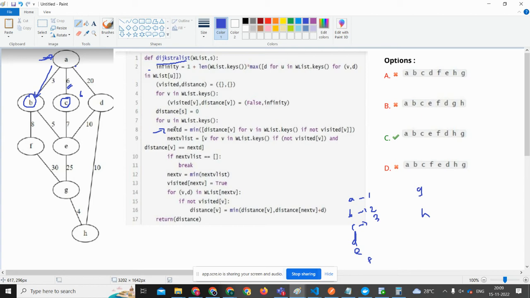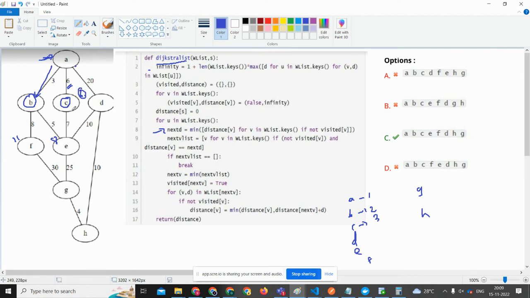When you explore B, you update the distance to F as 3 plus 8, which is 11, and the distance to E as 8. Now you have 8, 6, 11, and 20 to choose from. So which one will you choose? 6, obviously. Yes, that is the point. Exactly. Thanks, Vinay.